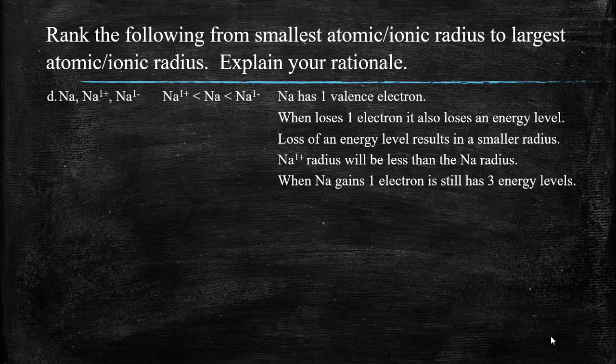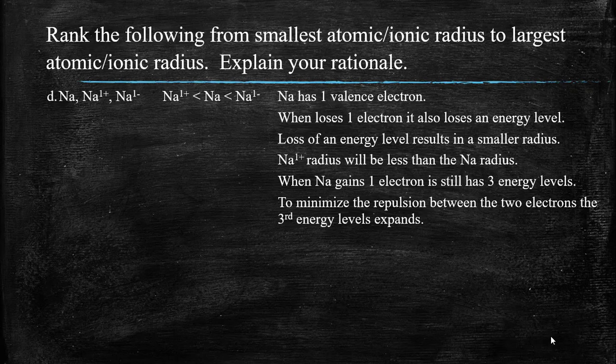When sodium gains an electron to become an anion, it still has 3 energy levels. The 2 electrons in that third energy level do have a repulsive force between them because they are the same charge. In order to minimize the repulsion between the 2 electrons, the third energy level expands.